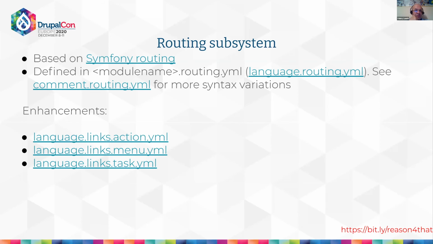It's based on Symfony routing. It replaces hook_menu and hook_menu_alter that existed in Drupal 7. In Drupal 8, the main file for routing is module_name.routing.yml. You can check an example in the same language module.